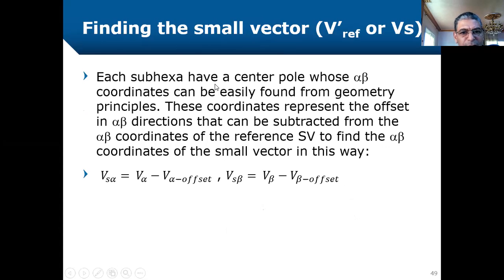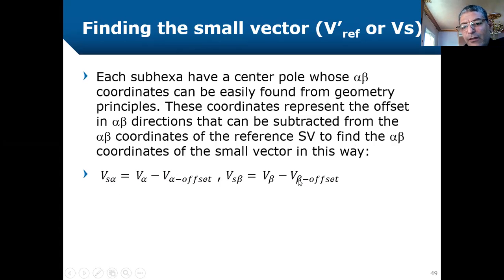So for each subhexa, we have a center pole whose alpha and beta coordinates can be easily found from geometry principles. These coordinates represent the offset in alpha beta directions that can be subtracted from the alpha beta coordinates of the reference space vector to find the alpha beta coordinates of the small vector in this way. So V small vector alpha equals V alpha of the reference vector minus V alpha offset, and V small vector beta equals V beta of the reference vector minus V beta offset.